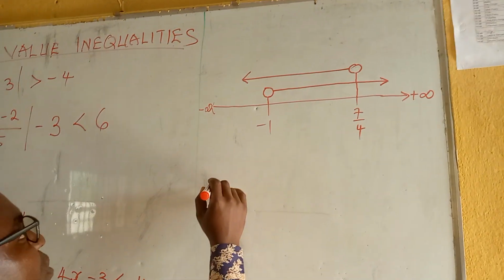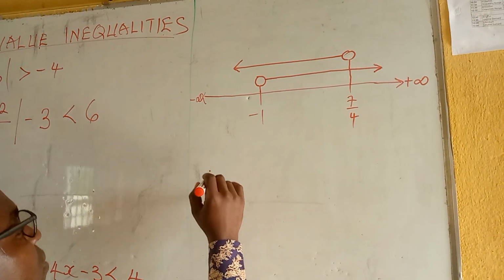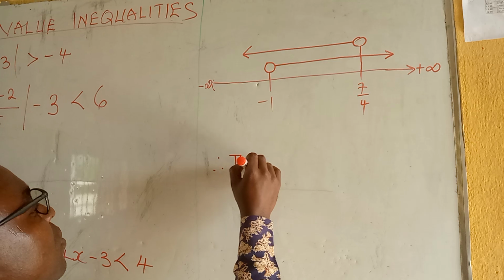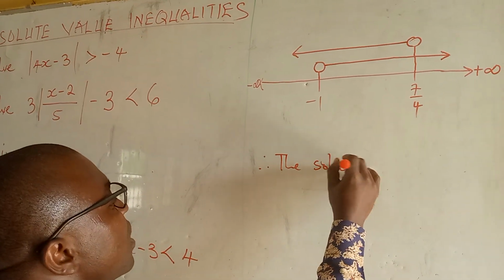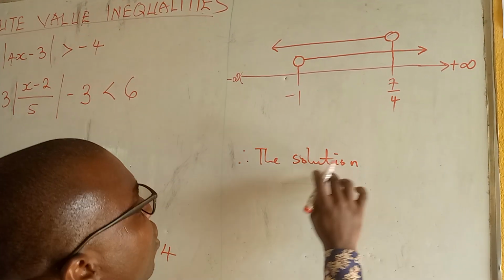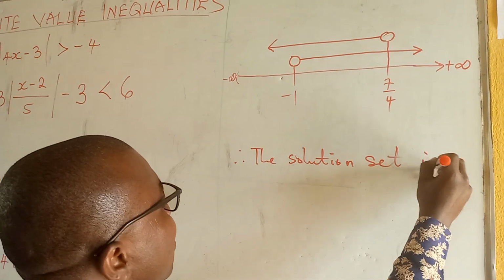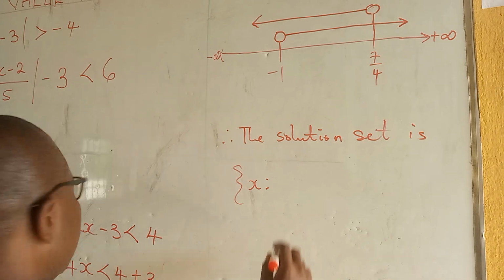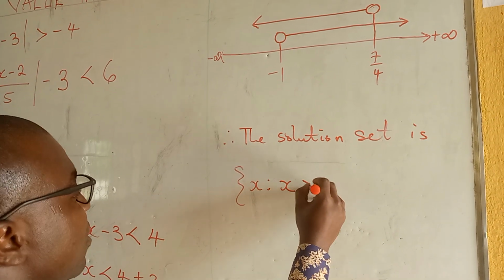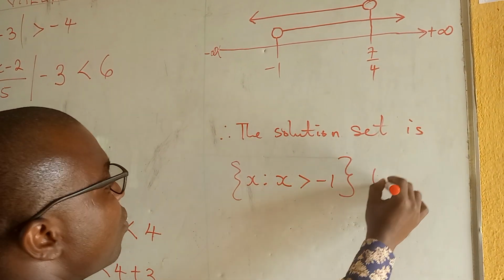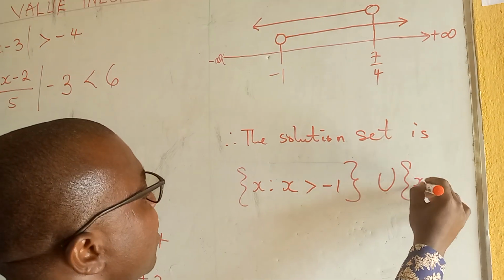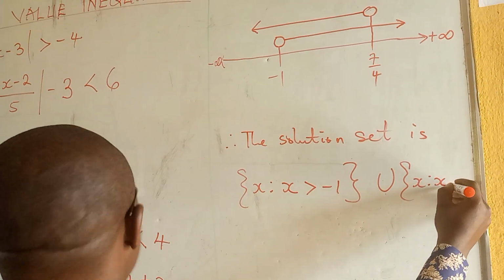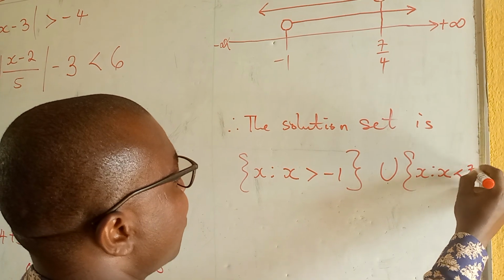So therefore, the solution set is x is such that x is greater than minus 1, union x is such that x is less than 7 over 4.